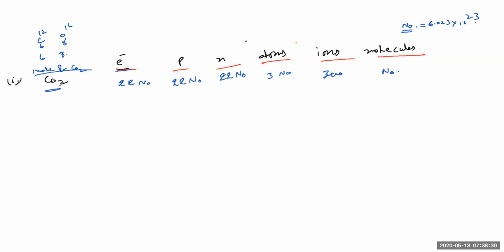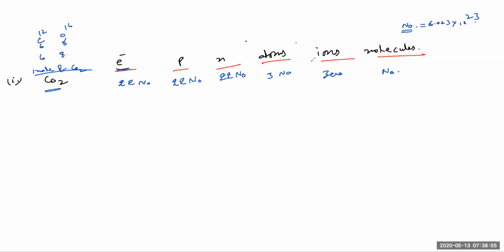So 1 mole of carbon dioxide: 22 moles of electrons present in 1 mole of CO2. 22 moles of protons present in 1 mole of CO2. 22 moles of neutrons present in 1 mole of CO2. So 3 moles of atoms present in 1 mole of CO2 molecule.